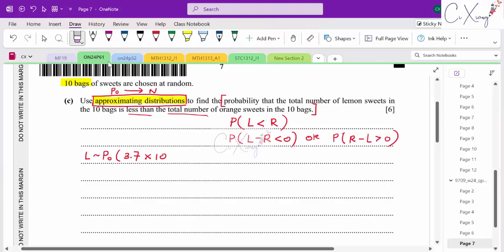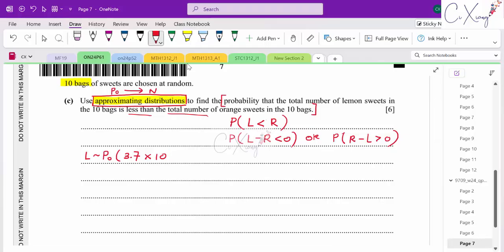When you take 3.7 multiplied by 10, you get 37, which is already lambda more than 15. When lambda is more than 15, you can change it to normal distribution. And the lambda, the mean and the variance have the same value, which is 37.